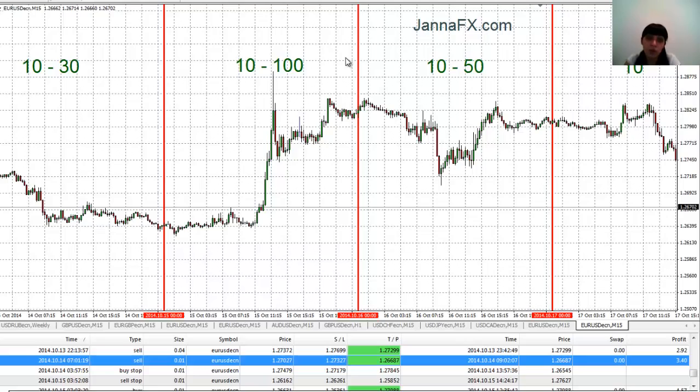So that's what I'm going to show you every day, how I was drawing the lines and how I was thinking, and also I will be showing you the next day when the market moved and what it looked like and what the profit was.